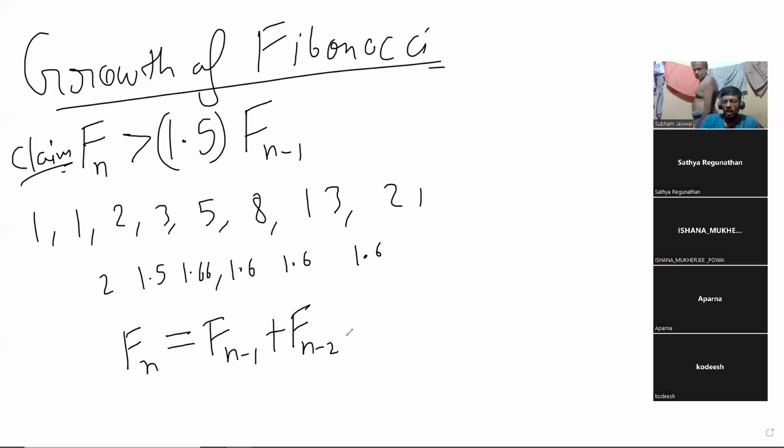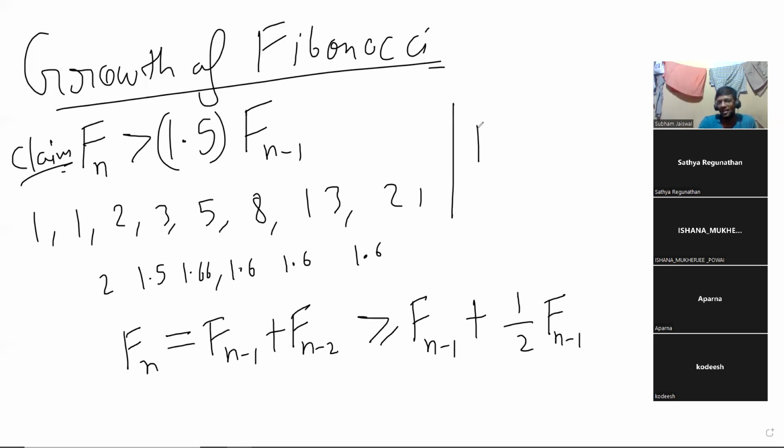Well, I think you can just show that, this is one thing I'm thinking, you can do it in many ways. Maybe if you can just show that Fn minus 2 is at least half of Fn minus 1, then I'm happy.